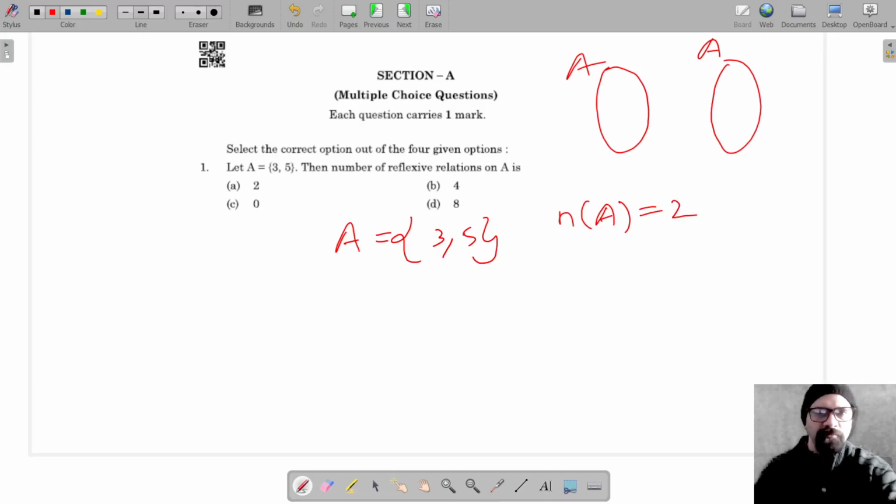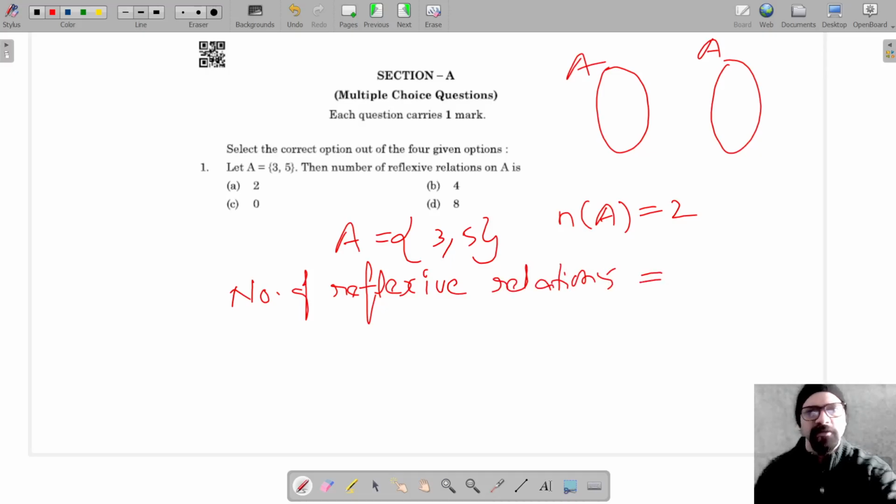To find the number of reflexive relations, we are going to use the formula. The number of reflexive relations on this set A is given by the formula 2 raised to the power n square minus n, where n is the cardinal number of the set, and the cardinal number is 2.